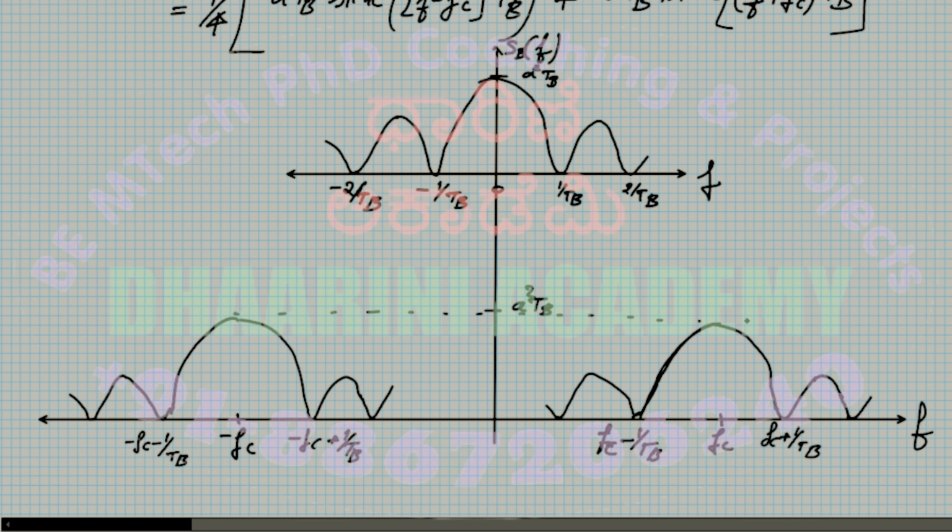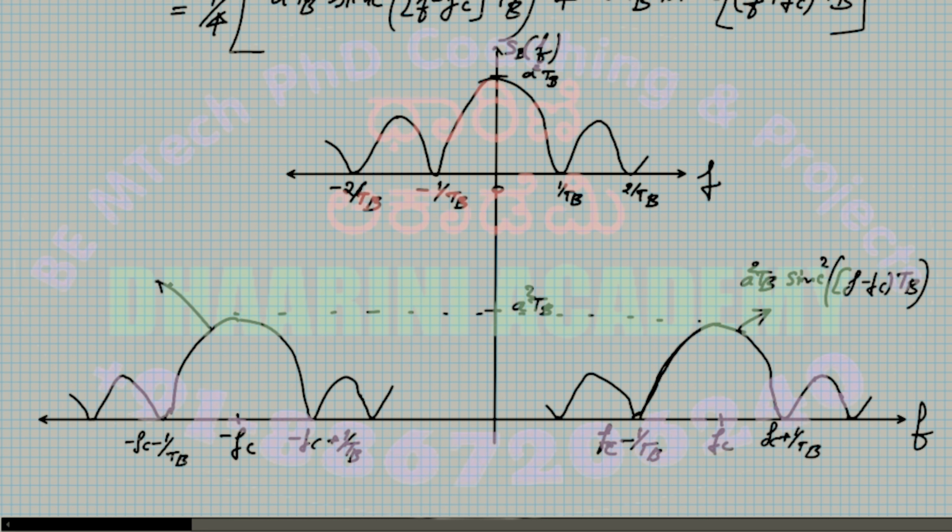All right, so the two components, whatever we have, let's write them. This is A square TB times sinc square of F minus FC times TB, a right shift.